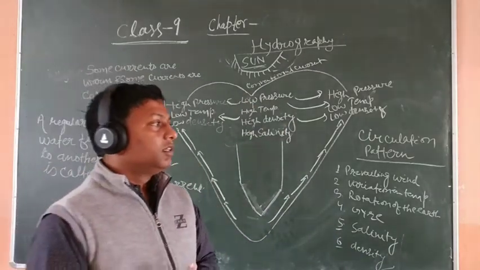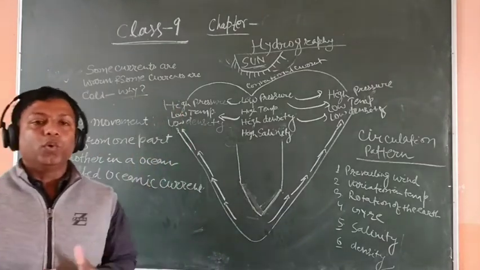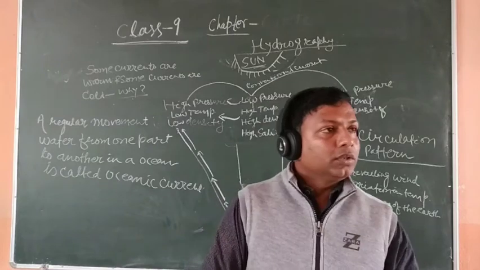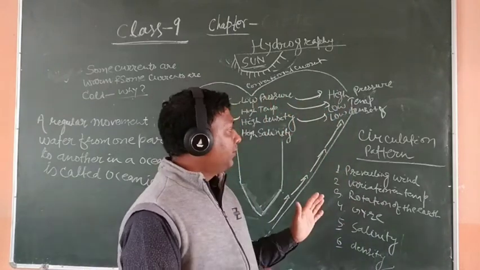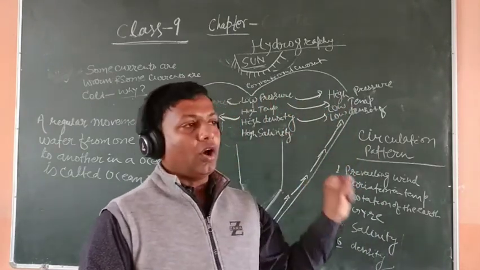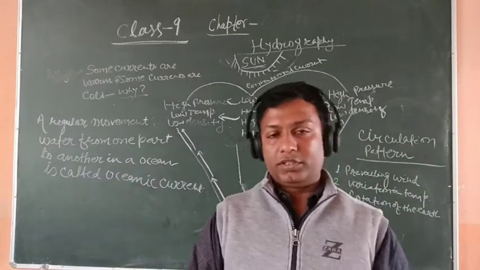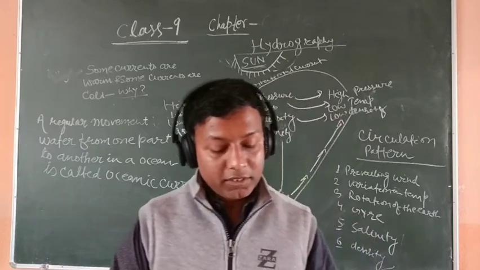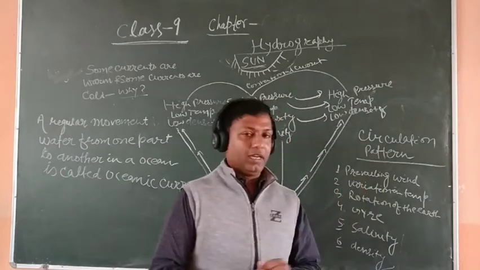This is something we have to know in this topic. So what is the cause of circulation of oceanic water, and what is the method in it? What is the pattern of oceanic current?